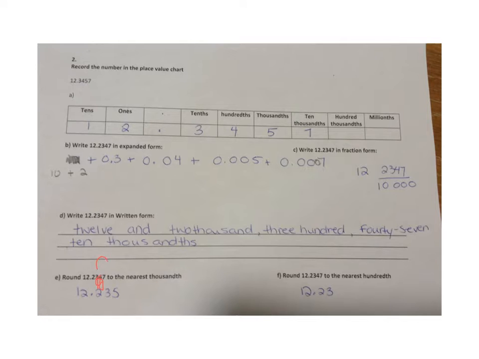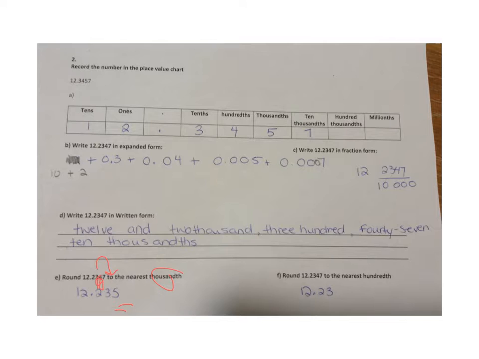To figure out if it changes, I look to the next number, which is a 7. 7 is greater than 5, so that makes my 4 go up. So my new number is 12 and 235 thousandths. This 5 here is the number that has changed because it is in the thousandths column.